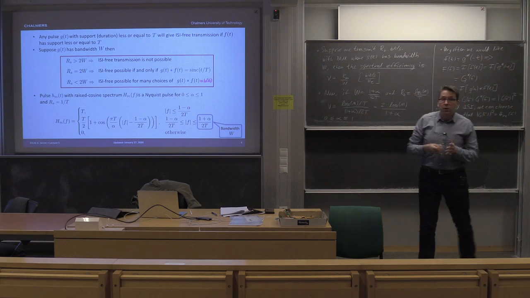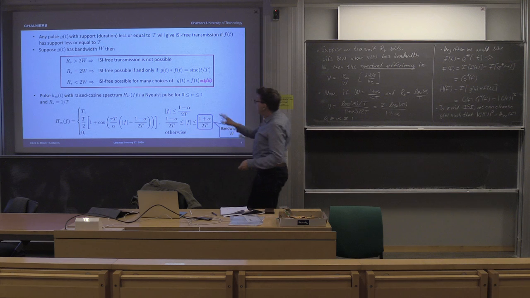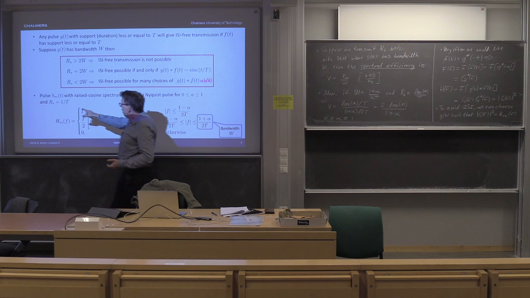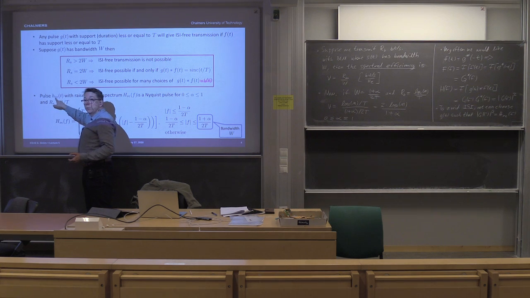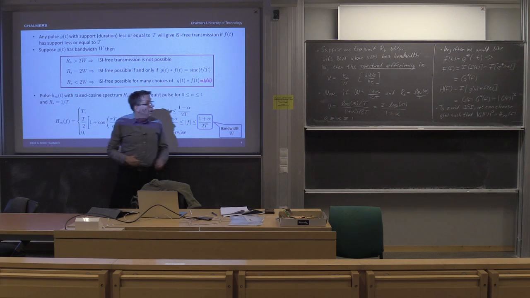So to summarize what we have done, remember that we would like that the convolution of g and f, which we call h, should be a Nyquist pulse. Okay. One choice of this h would be a raised cosine pulse. The raised cosine pulse has this Fourier transform. Okay.